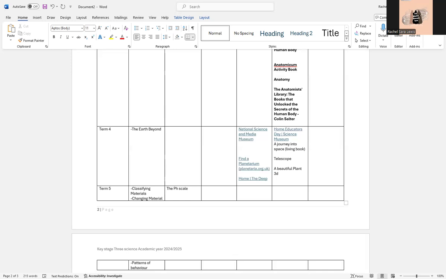We've done all of that in what we call face-to-face group sessions. And we do that with experiments. So I have quite a lot of chemical experiment kits. So we have all of that.